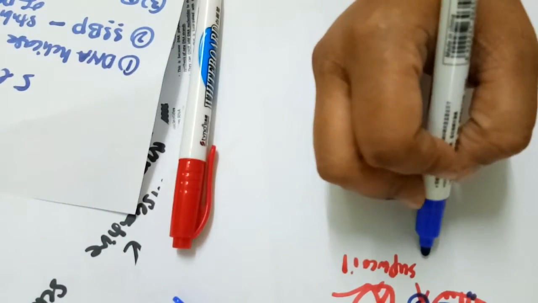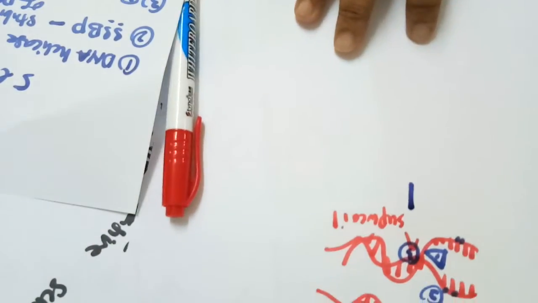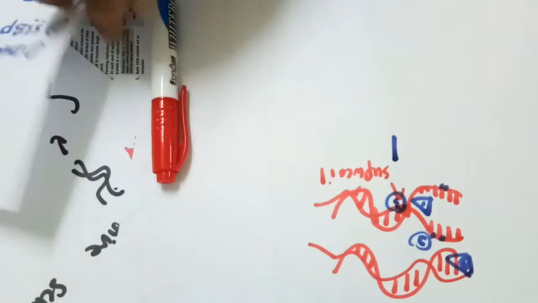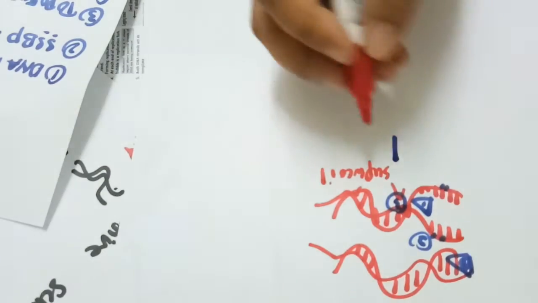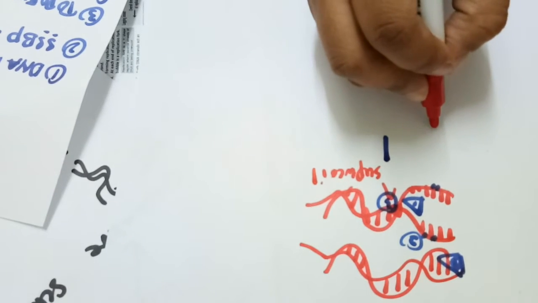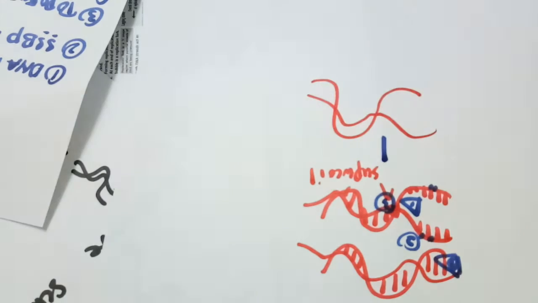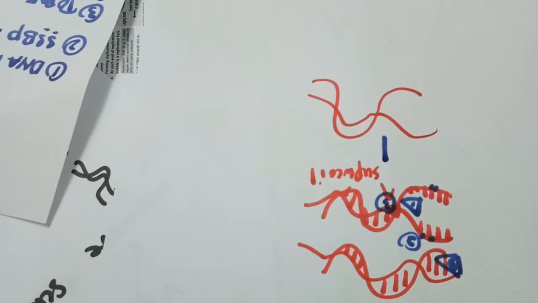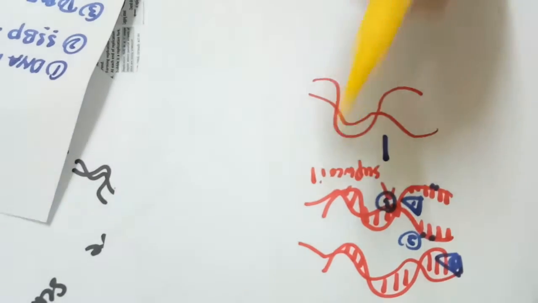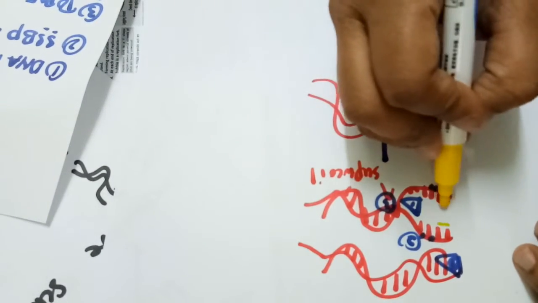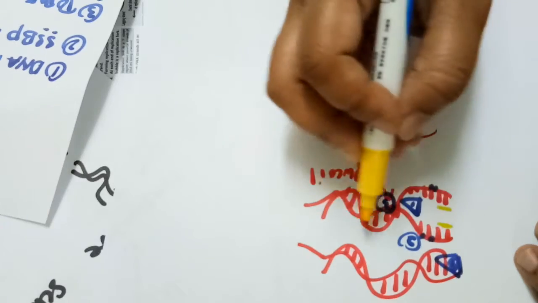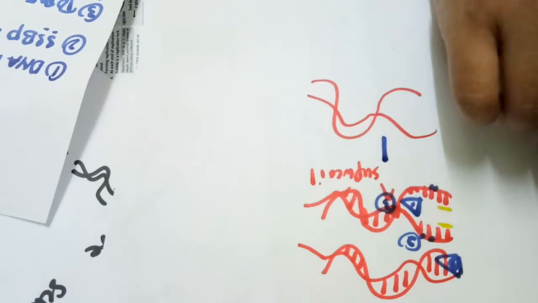And then to start the process of DNA replication, these strands need RNA primer, because DNA polymerase 3 cannot initiate the addition of DNA nucleotide without the 3 end of an RNA primer.